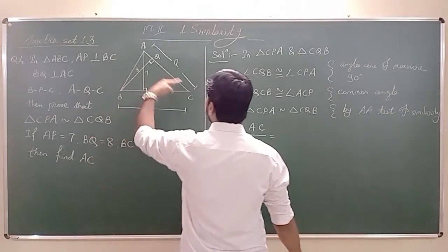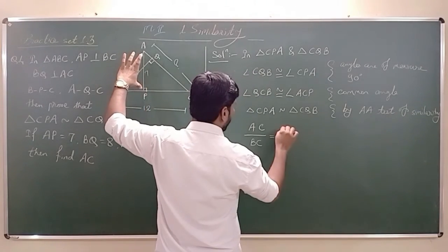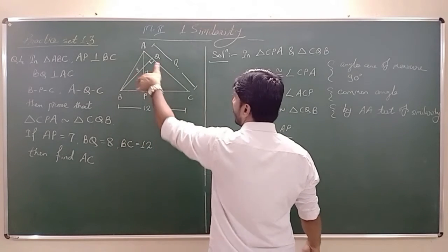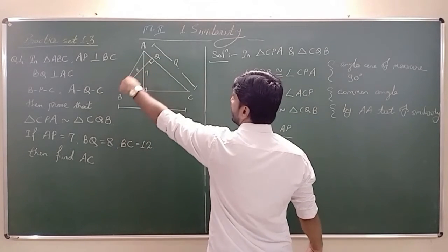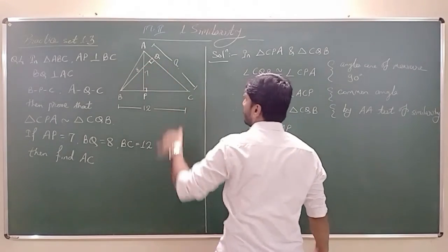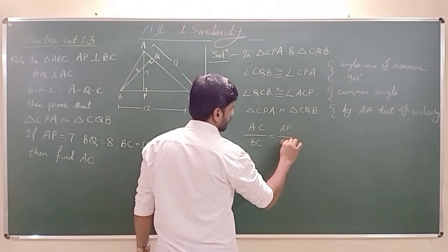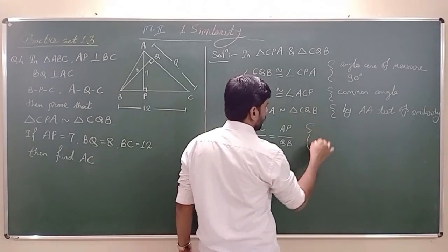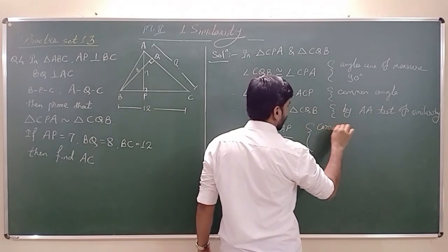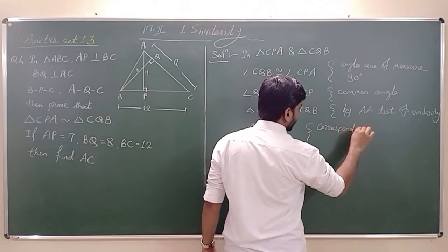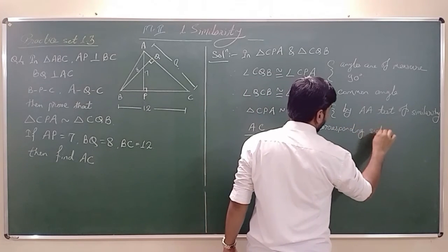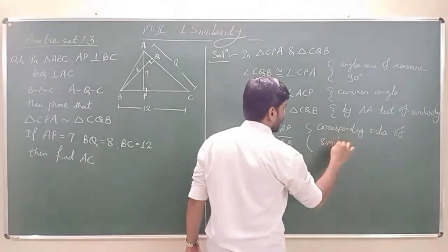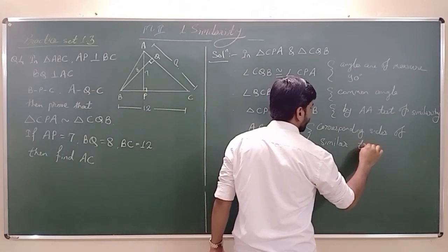So the height of the first triangle APC is AP upon the height of triangle CQB, which is QB, and the reason is corresponding sides of similar triangles.